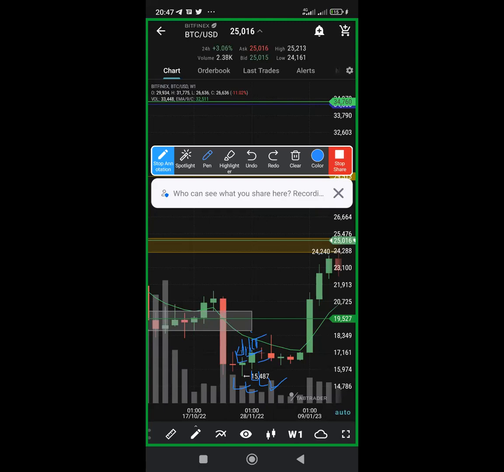Let's say you see a trend is something like this. Let me use my own drawing because sometimes you might not understand it. When you see something forming like this, it means we are on an uptrend. When your candles are forming like this, it means you are on a downward trend.